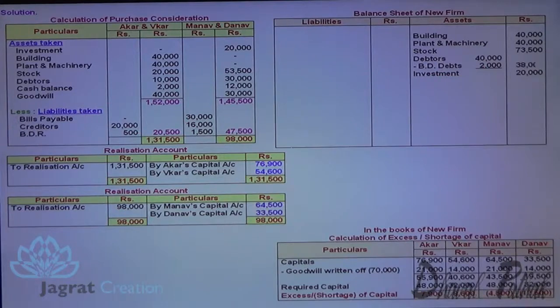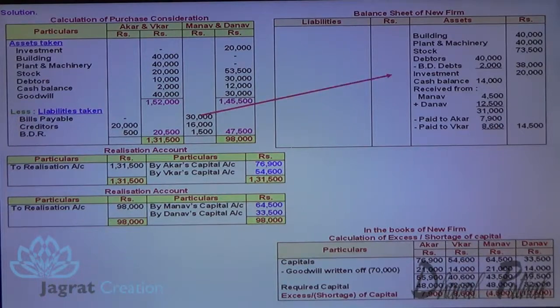So these are the net debtors reported in the balance sheet. After that, cash balance 14,000. That I write in the inner column, because here the cash brought will be added and cash paid will be deducted. So Manav brought 4,500, 12,500 brought by Danav, paid to Akar and Vakar is deducted. So this is the net cash balance.